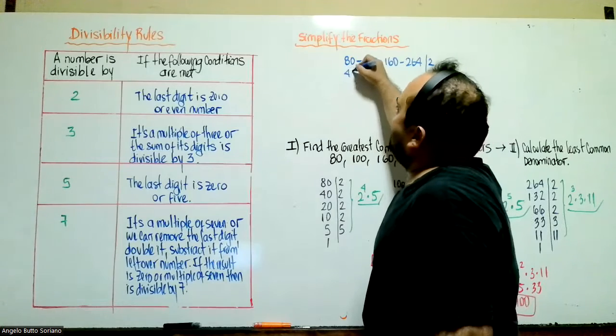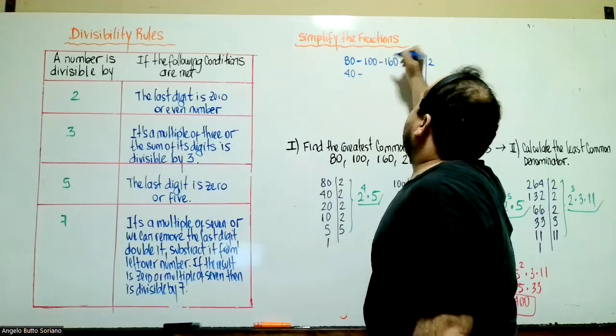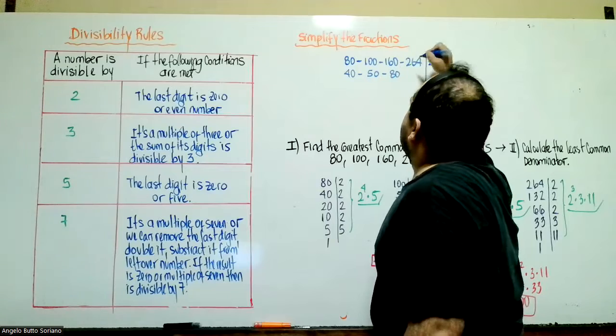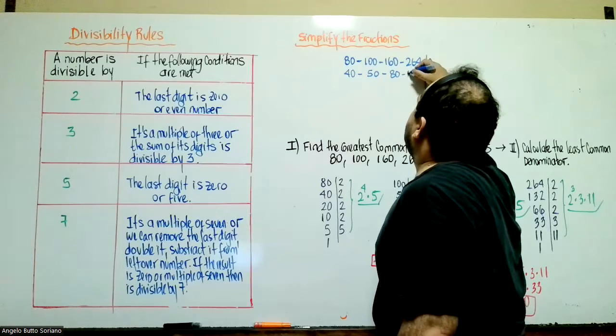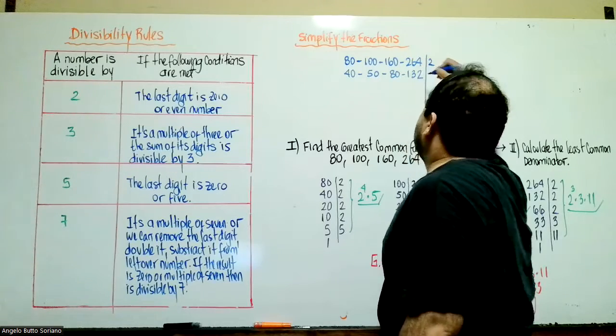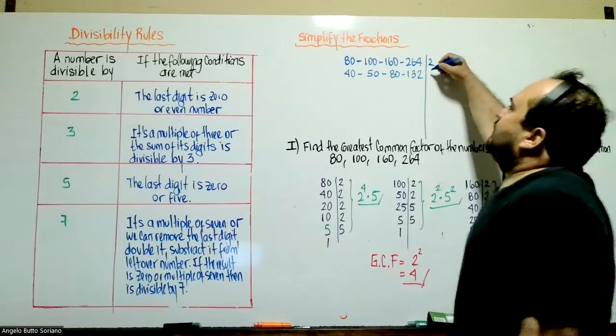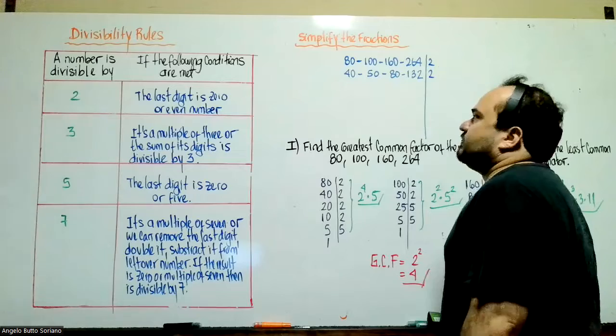That will be 40, 50, 80, and 132. Okay, we have 3 numbers divisible by 2, and as you can see, they still complete rule number 1. For that reason, all of these numbers can be divided by 2.